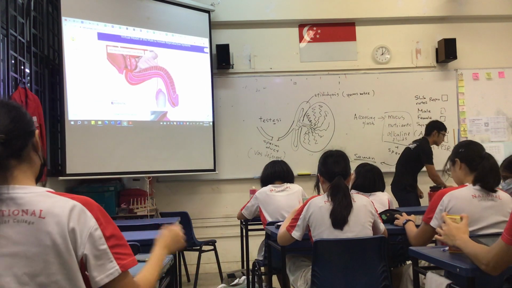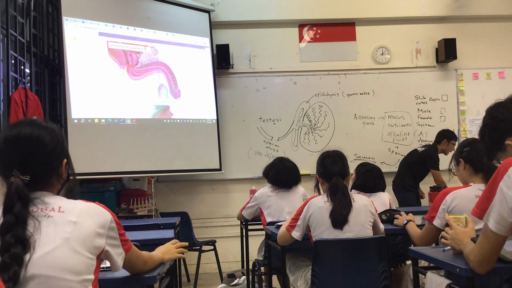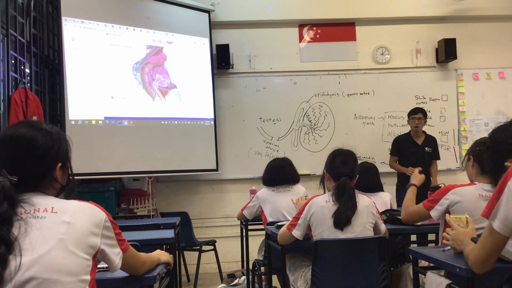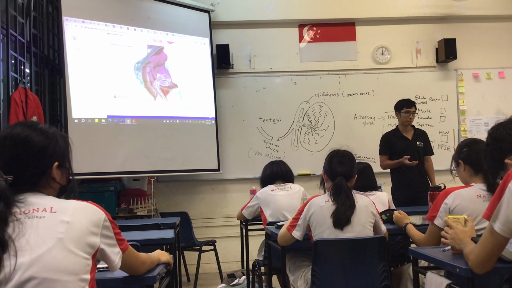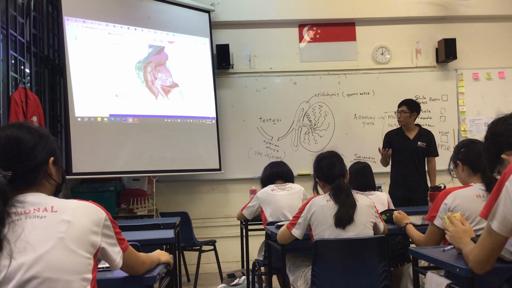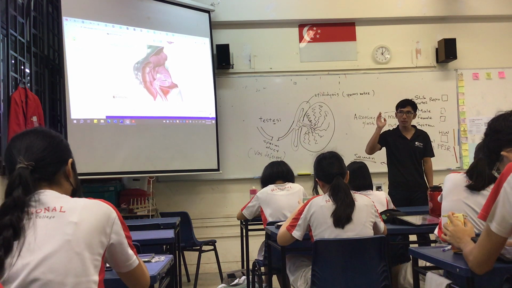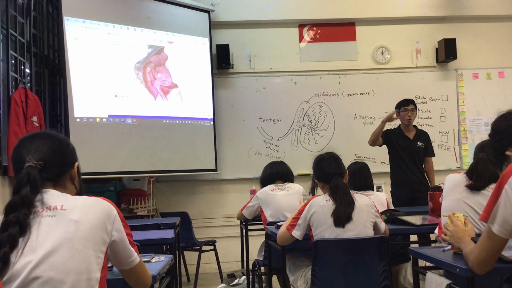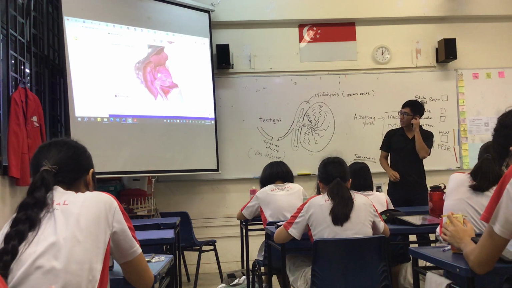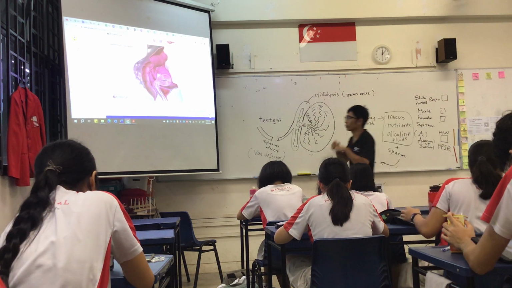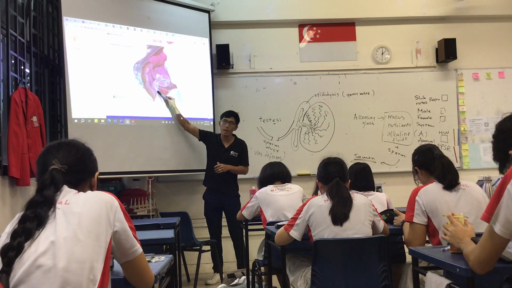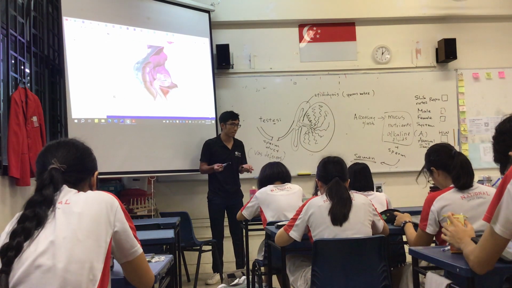This is one of the reasons why females are more likely to get this particular illness called urinary tract infection. The urinary tract infection is an infection of the urethra, where the whole tract becomes inflamed, lots of bacteria growing along the way. If the infection is bad enough, it can travel up the urethra all the way and infect your entire bladder.